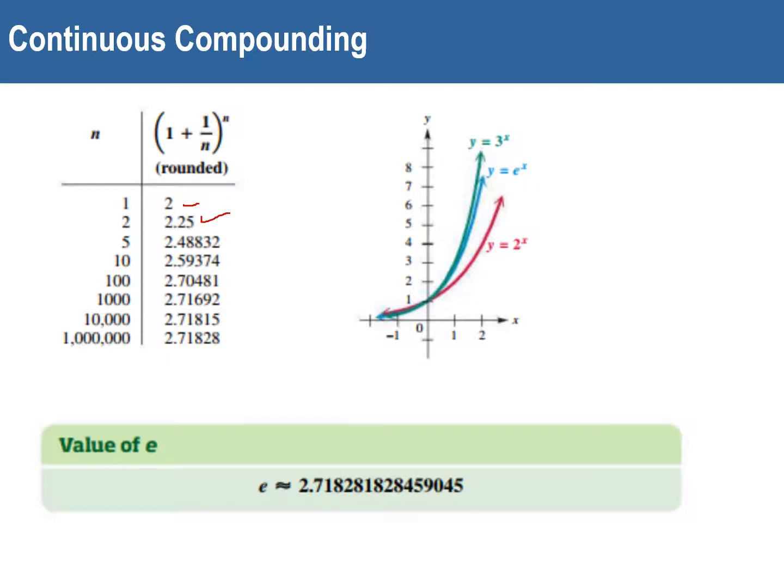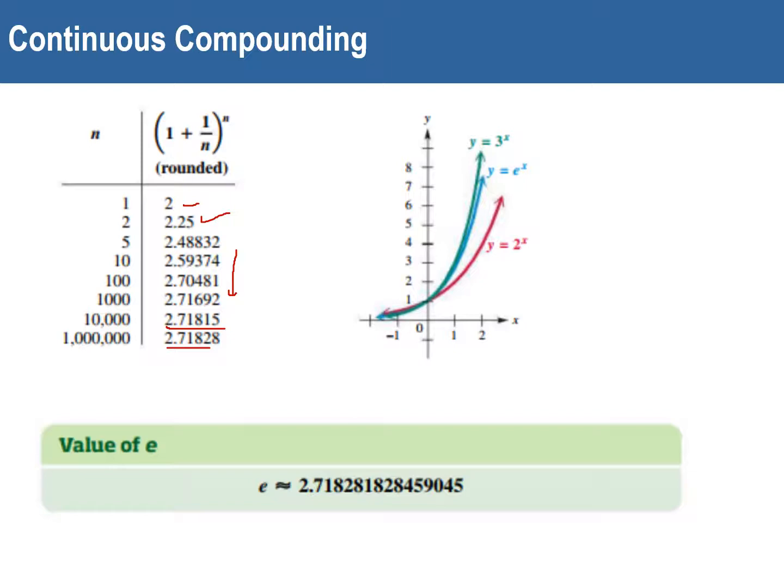If n is 10,000, 1 plus 1 over n to the n is 2.71815. And as you keep increasing n, it seems to be approaching a number that's about 2.718. And that turns out to be a very interesting number in mathematics, and that number is e.